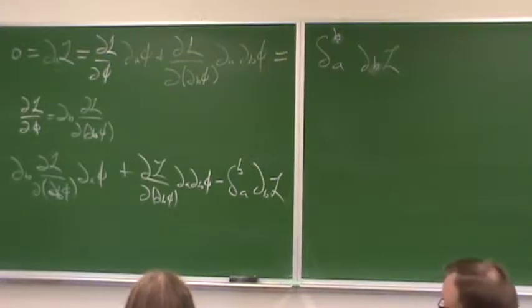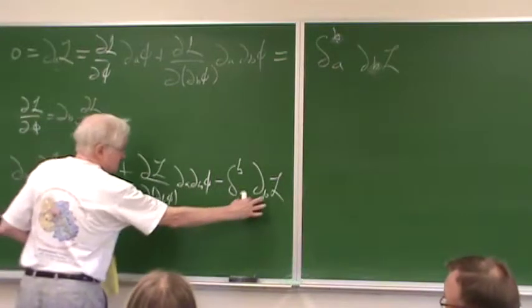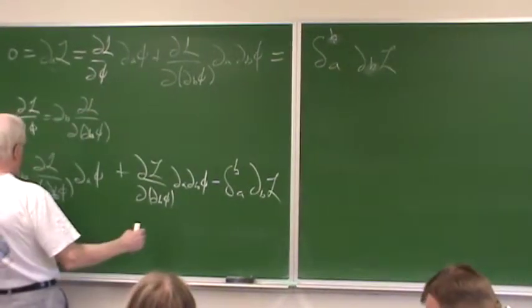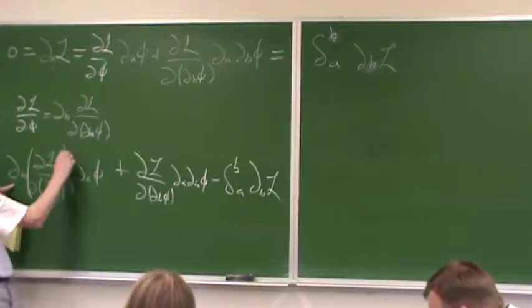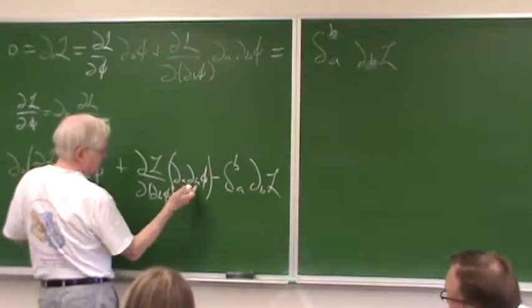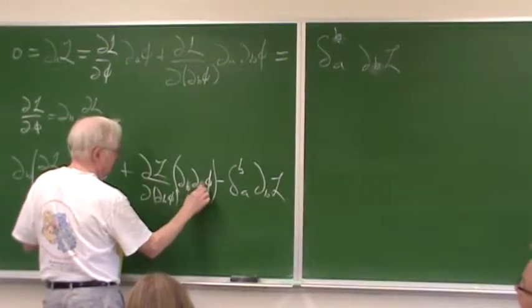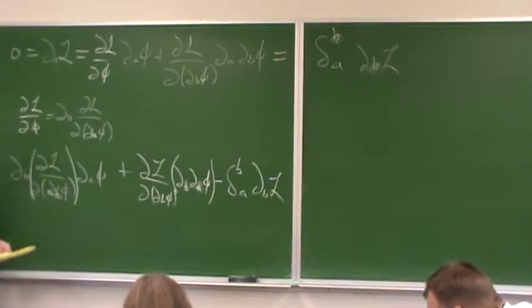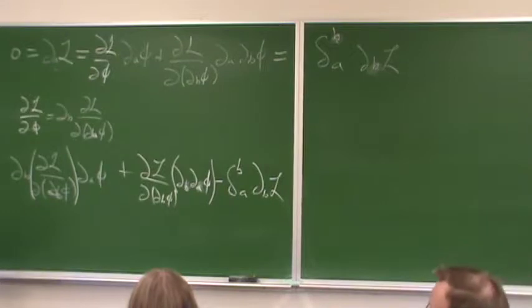Okay, now you notice that it's actually a total derivative. In other words, we have a dB here. And here we have a dB that's hitting first the factor on the left, and then the factor on the right, if we interchange these two. So let me do that. Let me make that BA. All right.